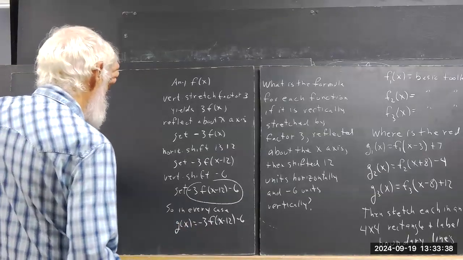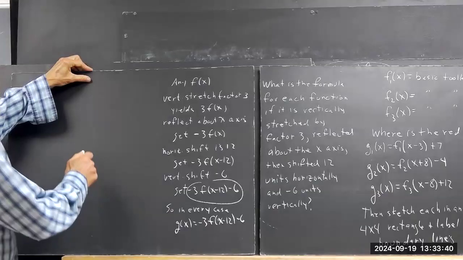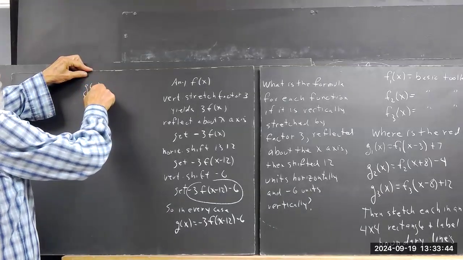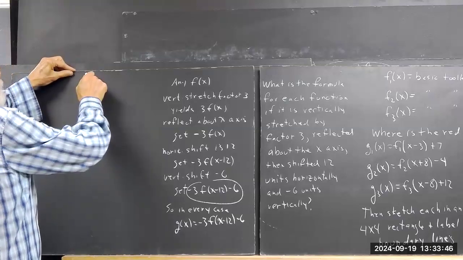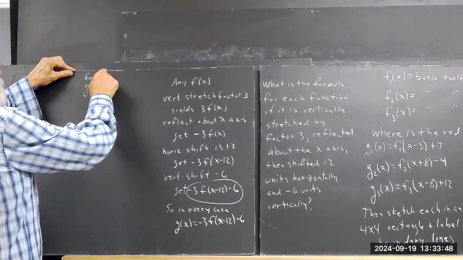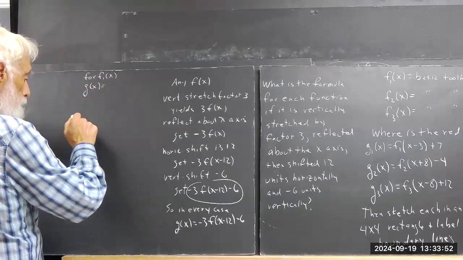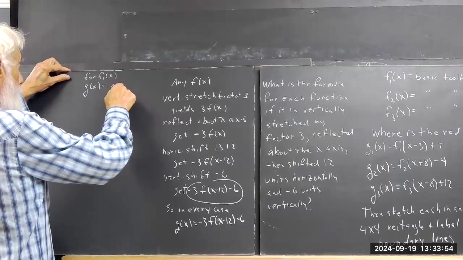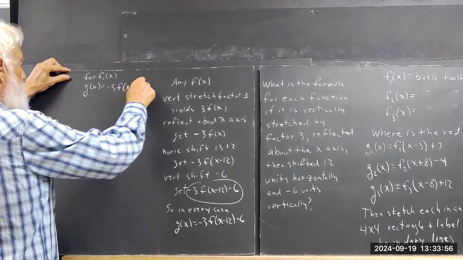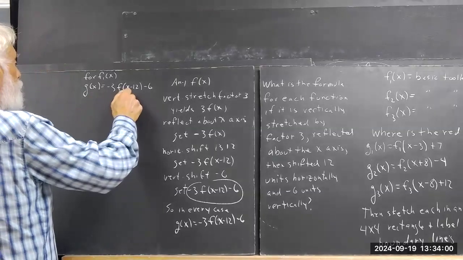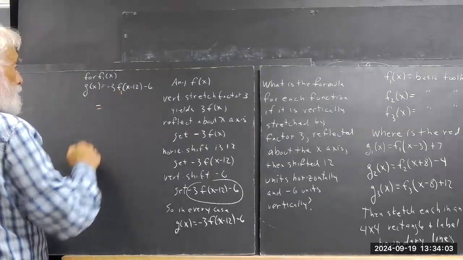But your function would then be negative 3 f1 of x minus 12 minus 6.